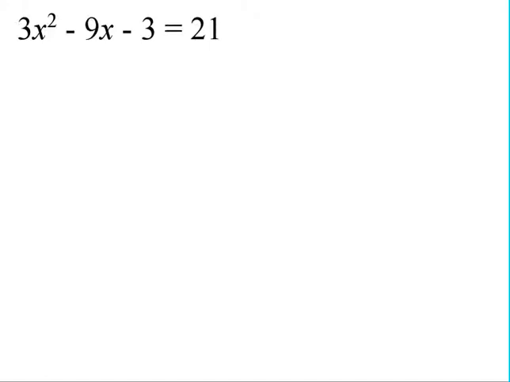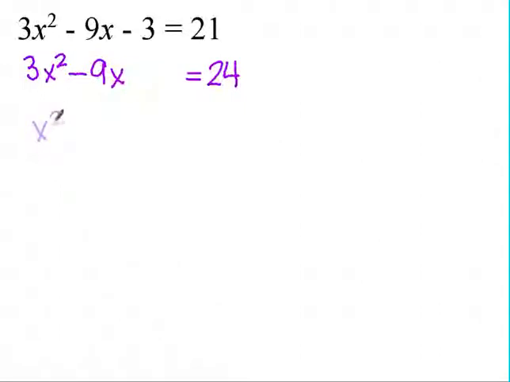I add 3. So I end up getting 3x squared minus 9x equals what? 24. Okay, you do the next step for me. What do you do on the next step? Divide by 3. Very good. So really, when I divide by 3, what do I get?